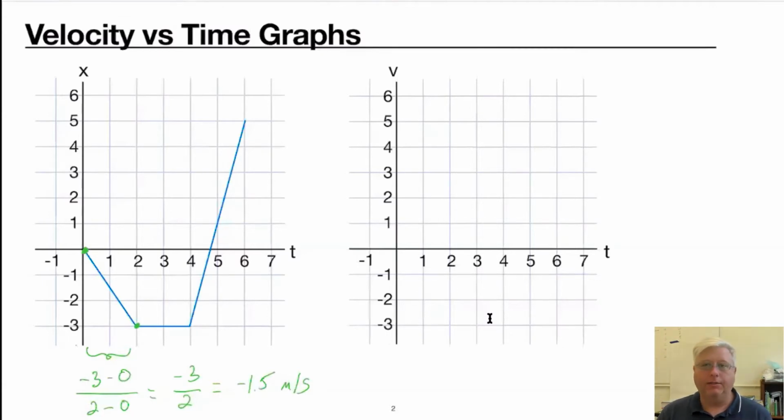What's nice about the iOLAB software is that it will automatically create the velocity versus time graph, so we can see what that corresponding graph is going to look like. It's a big part of the homework, a big part of the lab, and it's going to be a big part of the midterm too, so it's something you want to keep an eye on. So let's look at this video then.